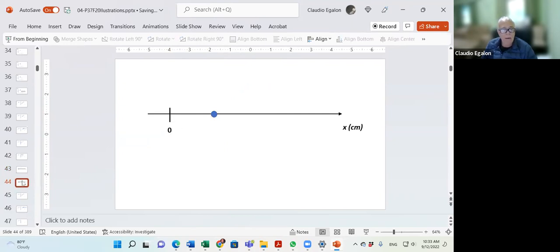Right in here. Then it moves just a little bit less than before. Okay, a little bit smaller displacement, right?